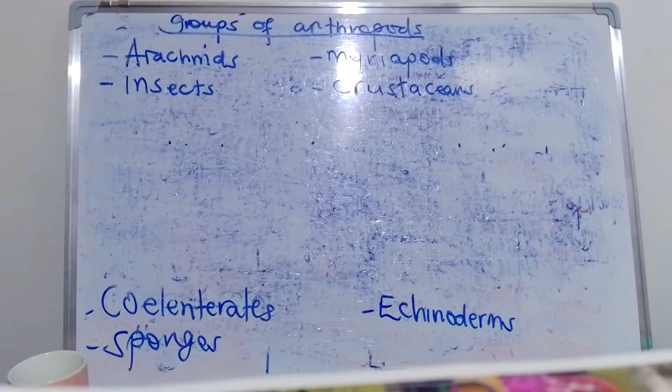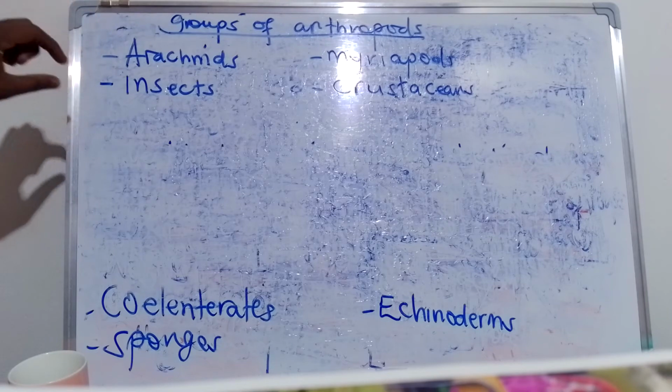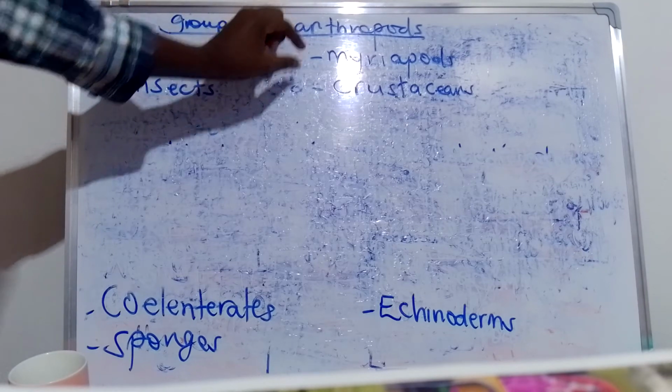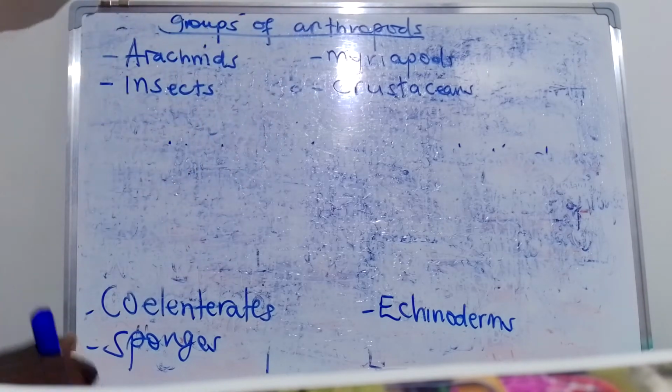These are the groups of arthropods: arachnids, insects, myriapods, and crustaceans.